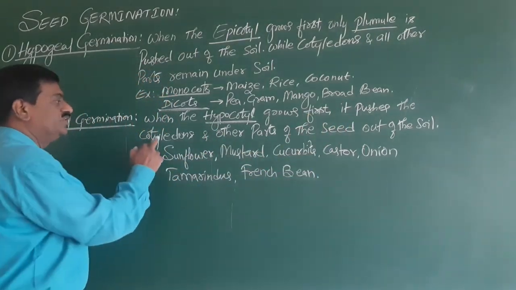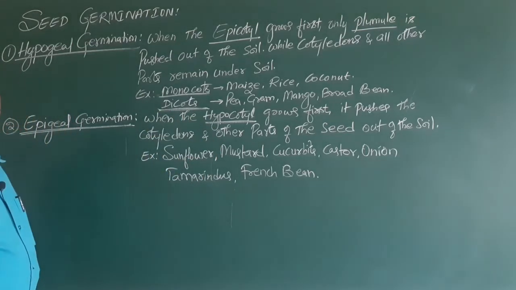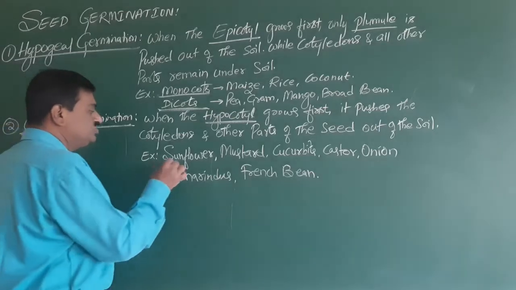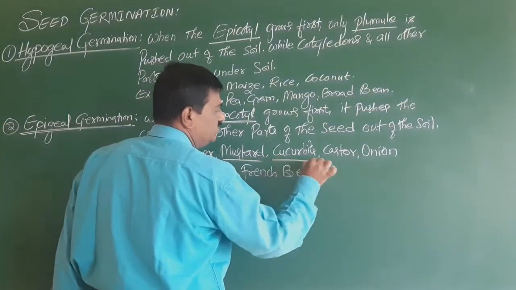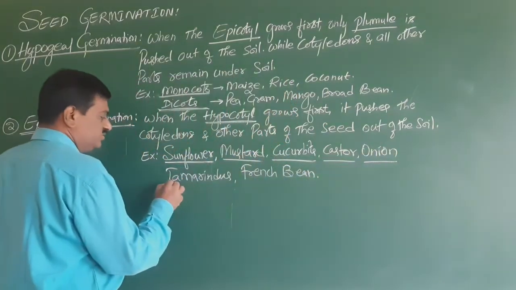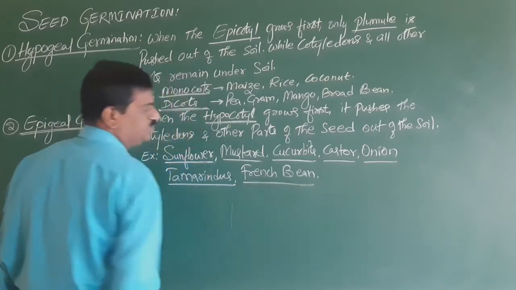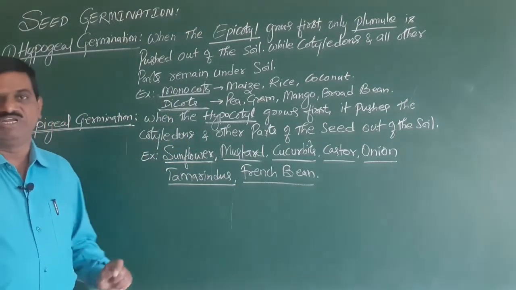Hence it is called epigeal germination. Examples for this are sunflower, mustard, cucurbita, castor, onion, tamarind and French bean. All these are examples of epigeal germination.